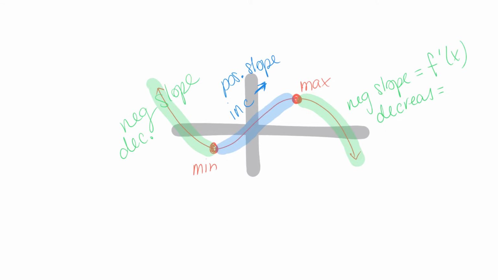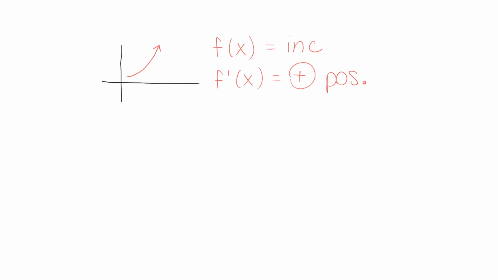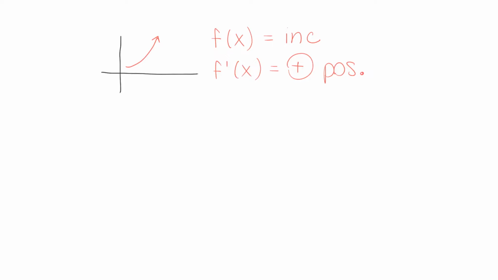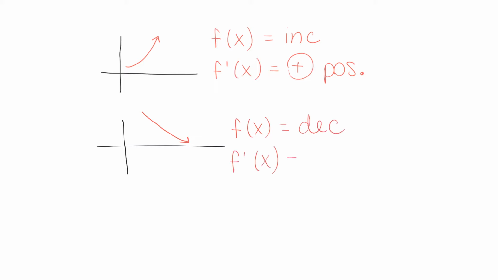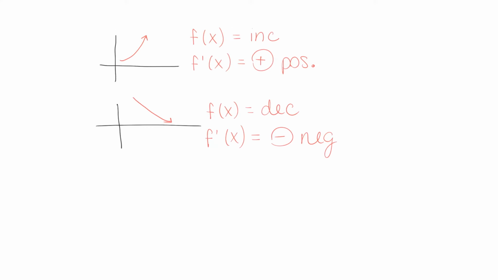And where do we find slope? We find slope in the derivative. So the same goes for negative slope. If we've got a decreasing function, then our slope must be negative, and slope comes from derivatives, and our derivative is our f prime.